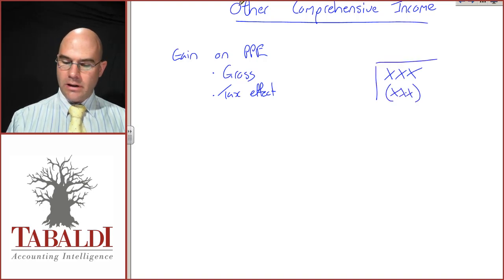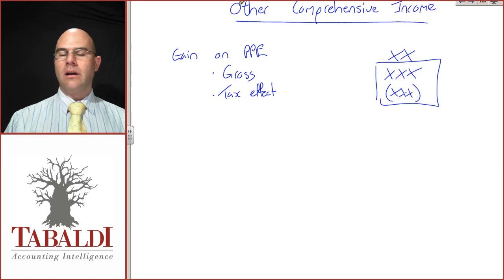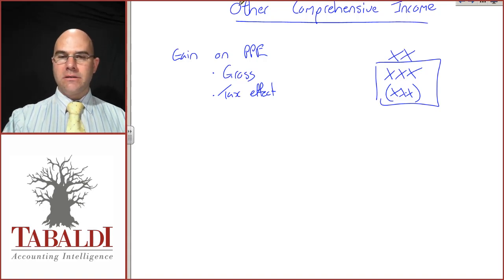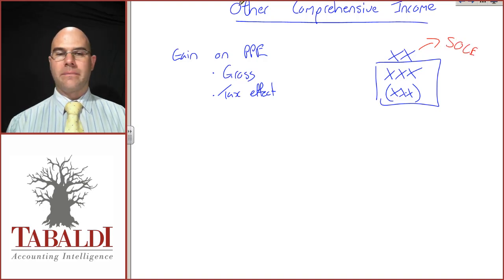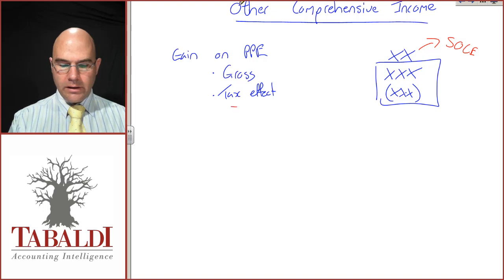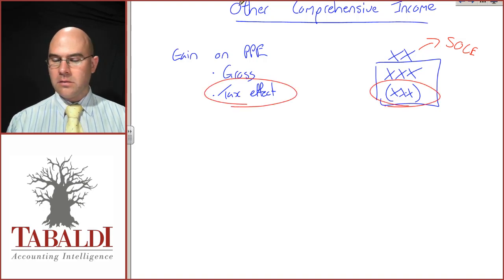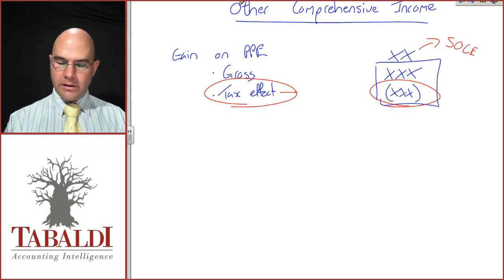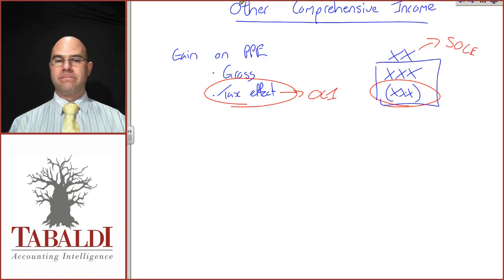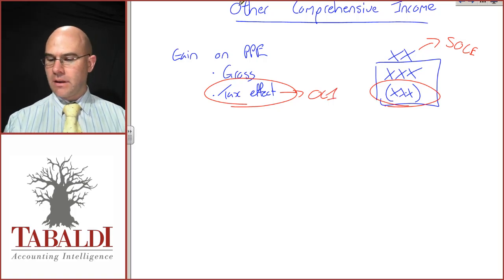And show the net amount. That net amount will then go off to my statement of changes in equity. Okay. What are we worried about here? The tax effect must be shown separately from the gross effect. This is not profit and loss. This tax effect is in the actual item of OCI. Okay, I hope that makes some sense.